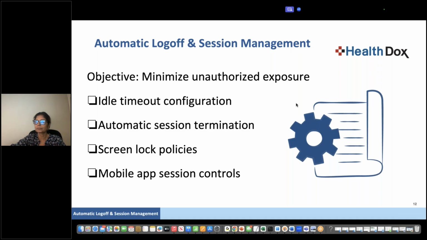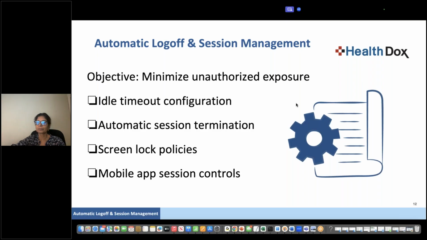It prevents unauthorized access when a user is not present in front of the system, or forgets to log out. That makes sure unauthorized access risk is mitigated, and that's the main reason we always say automatic log off needs to be set up.